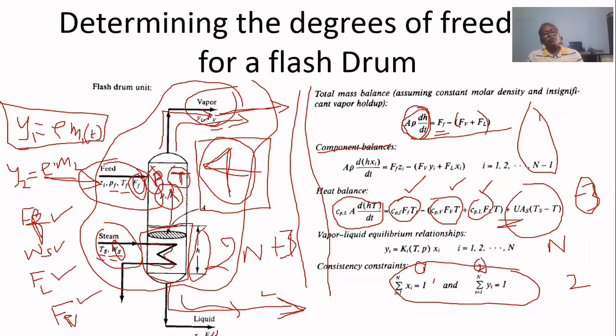Now, which manipulated variable should be used for which process variable? That is another question. Suppose the feed flow rate can be used to control the feed flow rate. That is obvious. To control F, we can use F. Suppose I want to use the feed flow rate to control temperature.